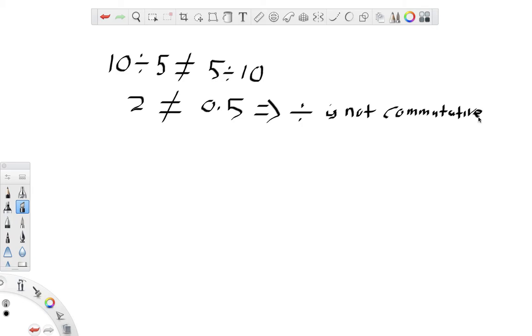So we know that that is true. Let's just have a look at another example.